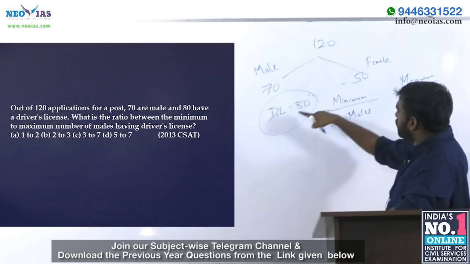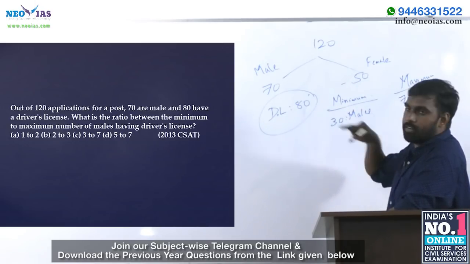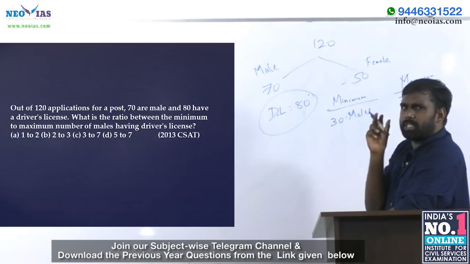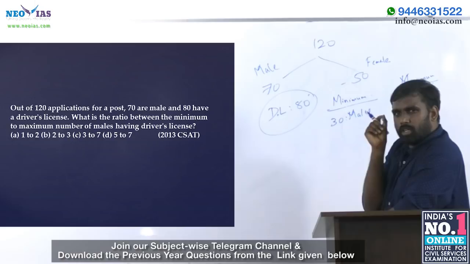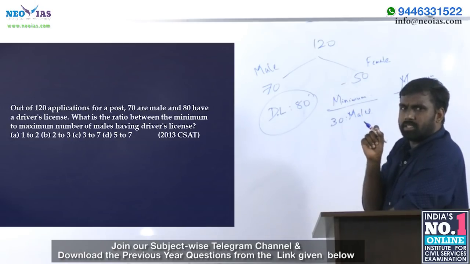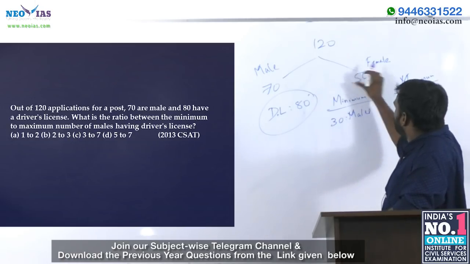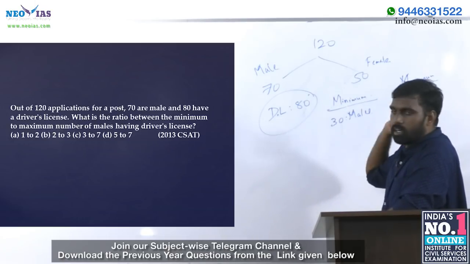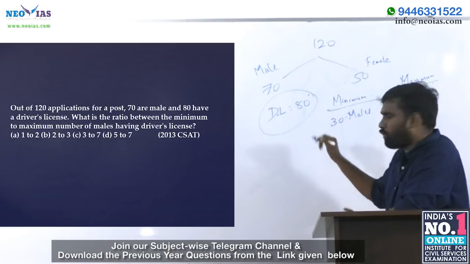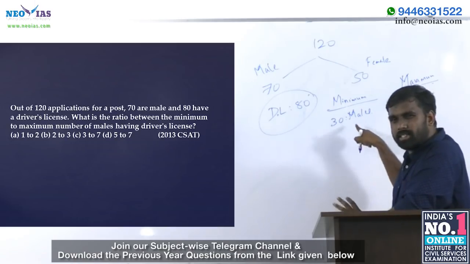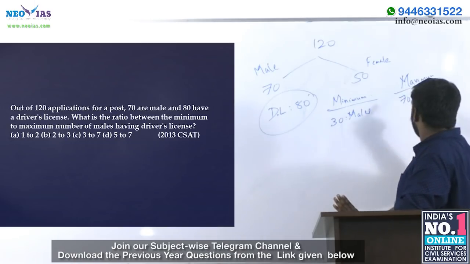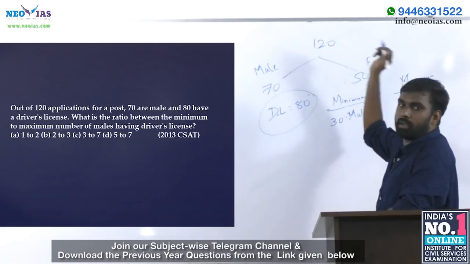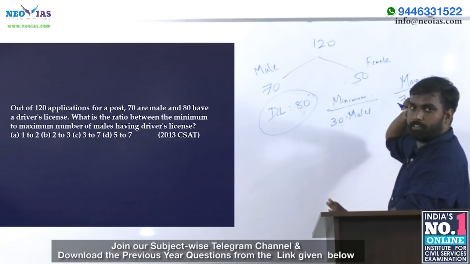Here they are asking the minimum case that males are having driving license. Minimum is a negative concept, right. That means the males should not have the driving license. So what will we do? First we will give all the licenses to the females, 50. Rest 30 is there. Only that 30 can be acquired by the males. That is the least case, the minimum case. In the maximum case, what happens? First priority is given to the males themselves.